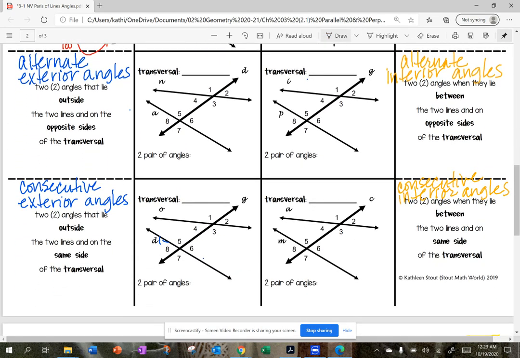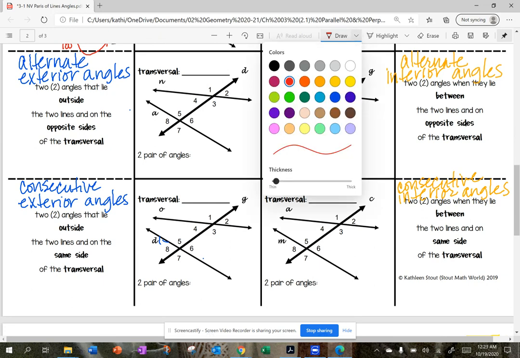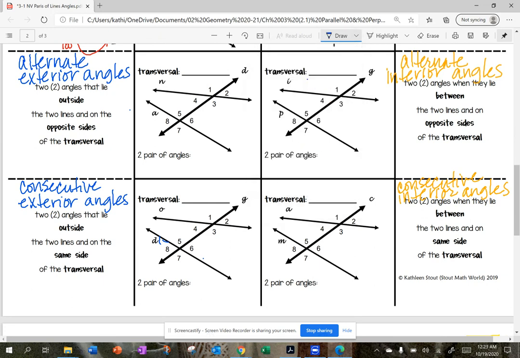All right, so let's start out with alternate exterior angles. Let's identify the transversal first, which is the line that goes across the other 2 lines.